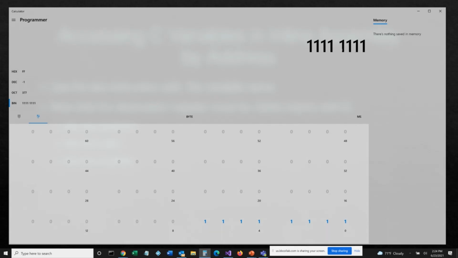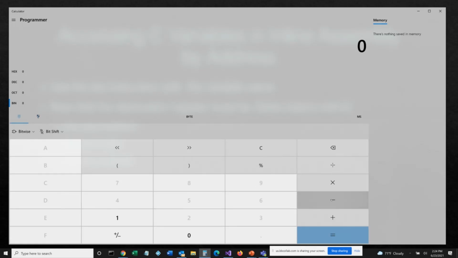You can also have an underflow scenario. You can simply clear this out. If I switch back over to the regular calculator and take 0 and subtract 1 from it, it underflows, or wraps all the way around, back to all ones.